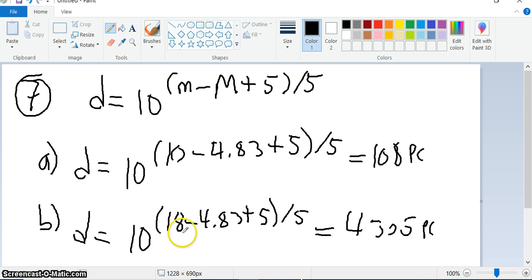So it's 18 minus 4.83 plus 5, and then you figure out what that answer is, divide by 5, and then 10 raised to that power. It turns out that you can see 4,305 parsecs.